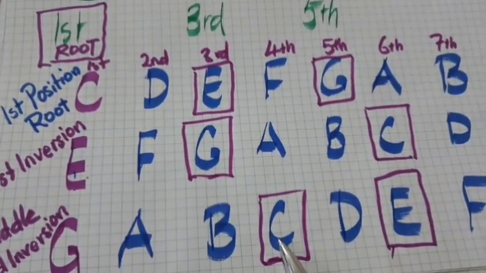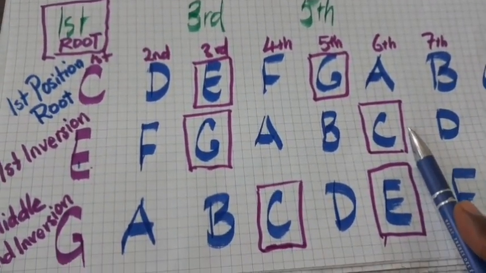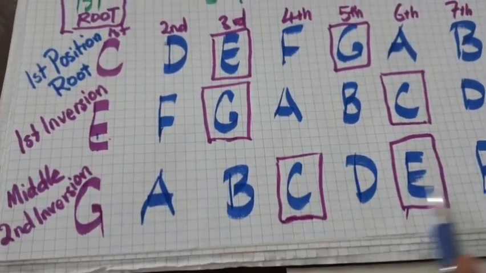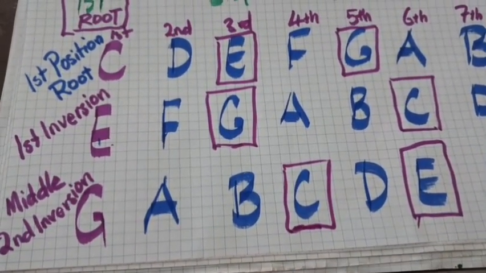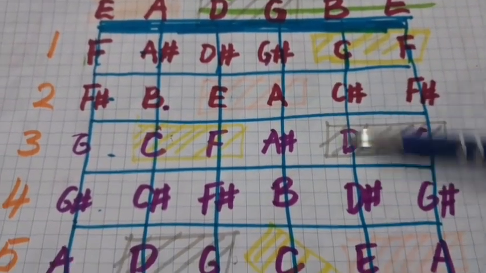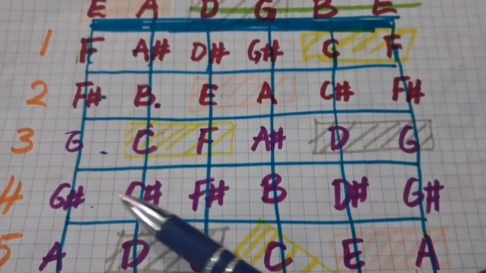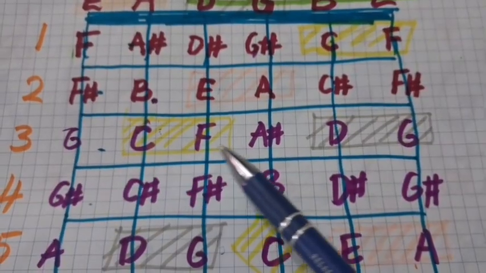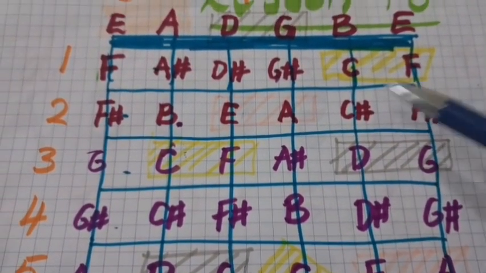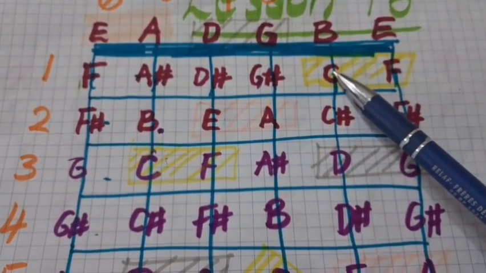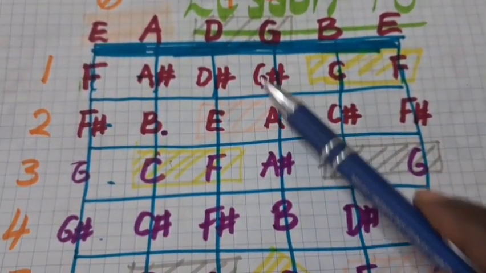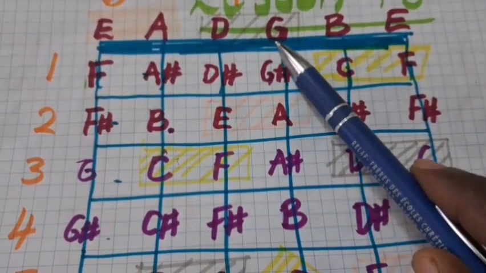So now let's look at this on the fretboard, how it appears. And don't forget, we are only using the first three frets. So the G will become the open G, which is the bass. We want to exhaust everything.